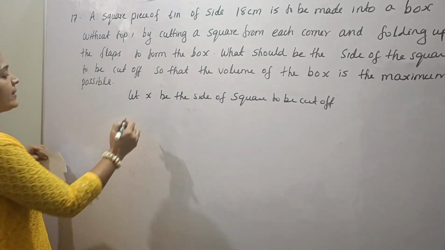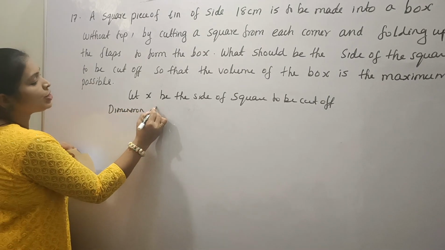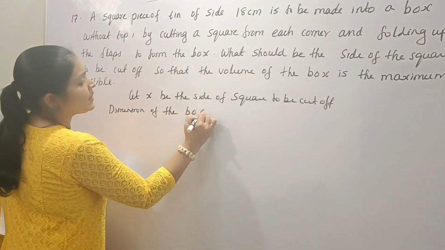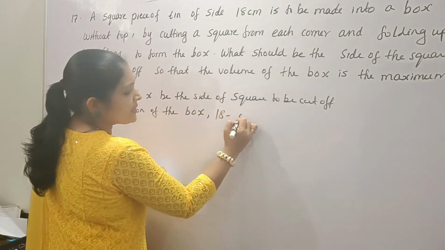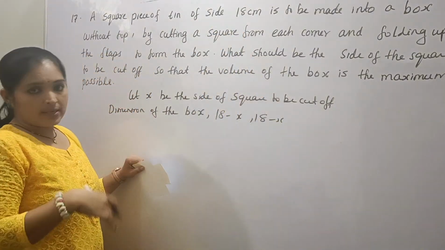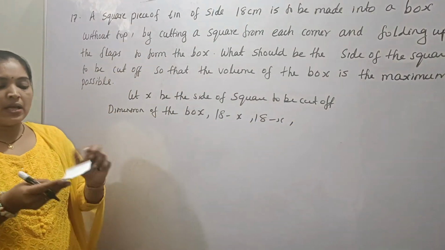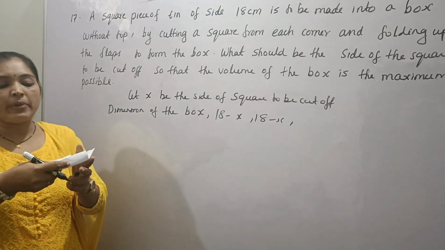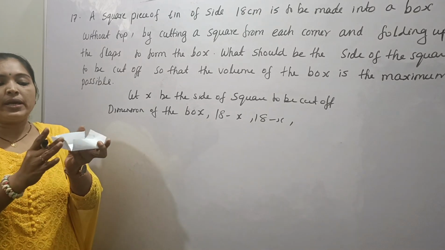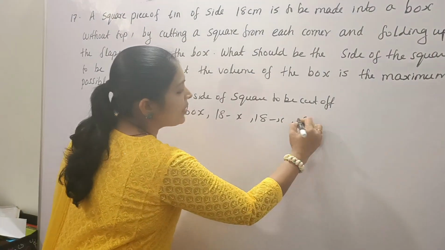So the dimensions of the box are 18 minus 2x. Another side is also 18 minus 2x, since it was a square. And what is the height? We have to make a box by folding up, right? So here the height is nothing but x.